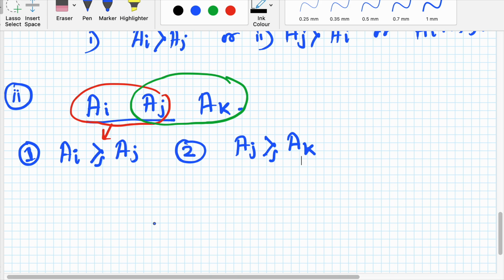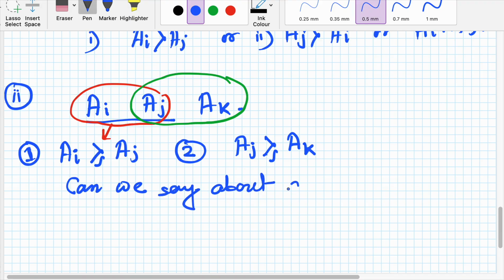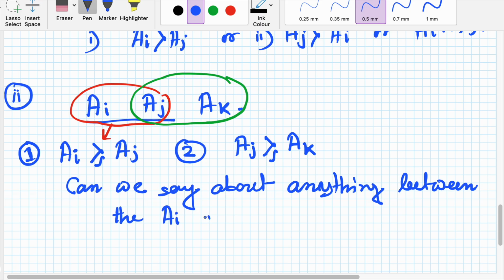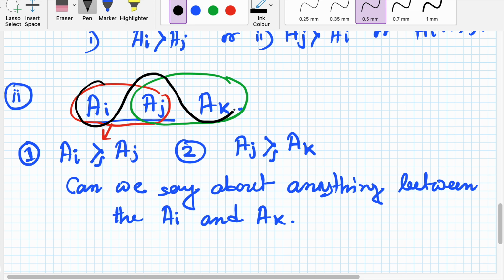Then the question is, can we say anything about ai and ak? So can we say anything when I compare ai and ak?